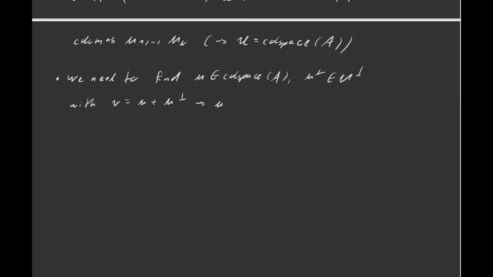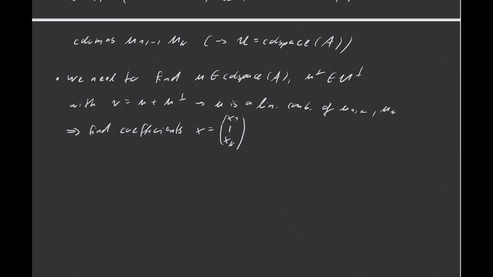Okay, so u is a linear combination of u1 to uk, and that means we can also find coefficients. We call those x1 to xk, and we'll write them in a vector x.